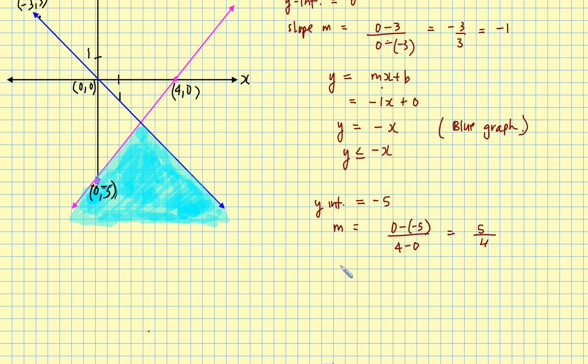So I know that the slope equals 5 over 4. Now that I have the slope, I can write y. Because again it's going below and it's a solid line, y is going to be less than or equal to 5/4 x minus 5.